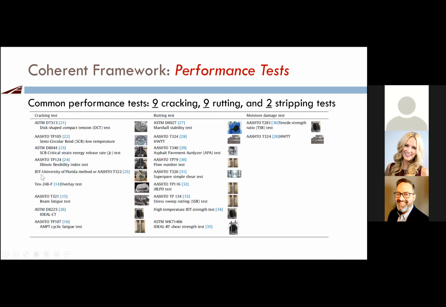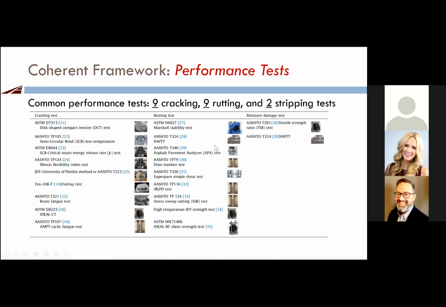And we do have the IDT, the University of Florida method. We have the Texas overlay tester. Some people use the bending beam fatigue test, that's AASHTO T321. We have the ideal cracking test, or ideal CT, ASTM D8225.